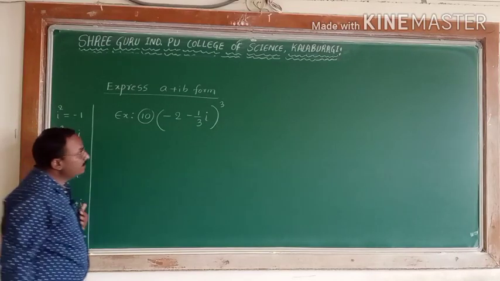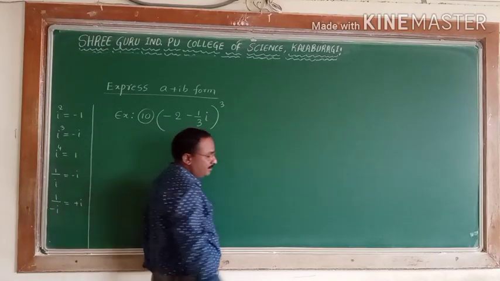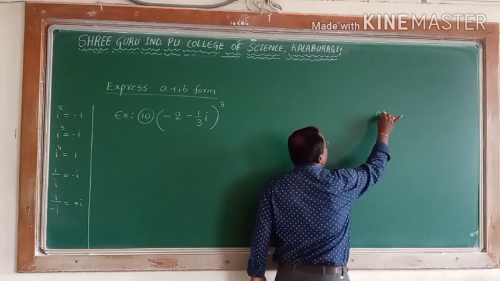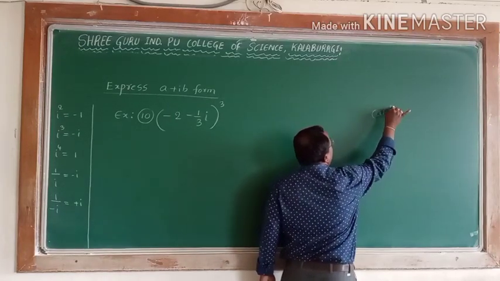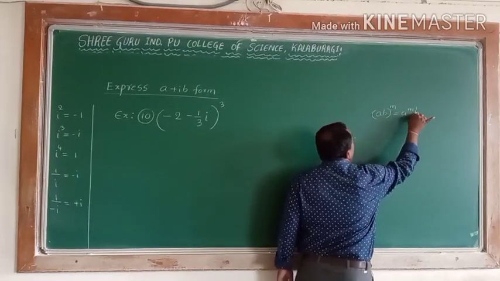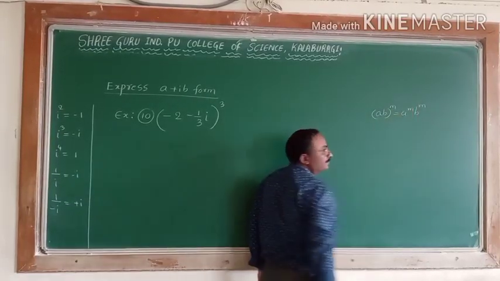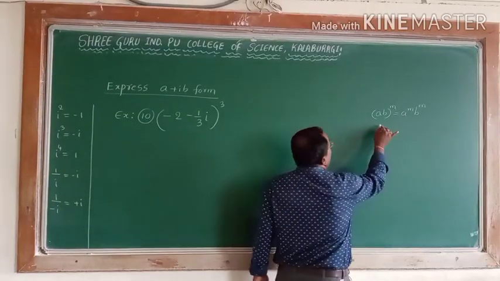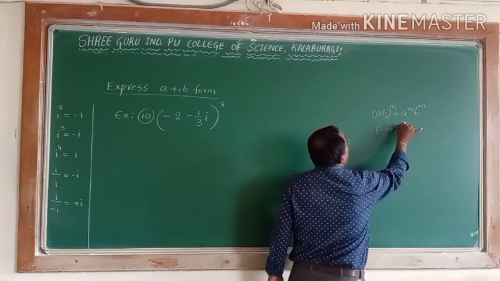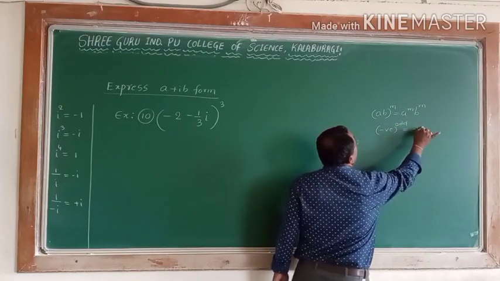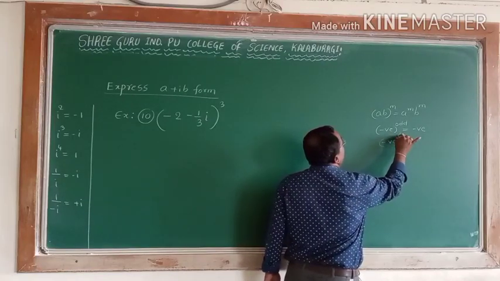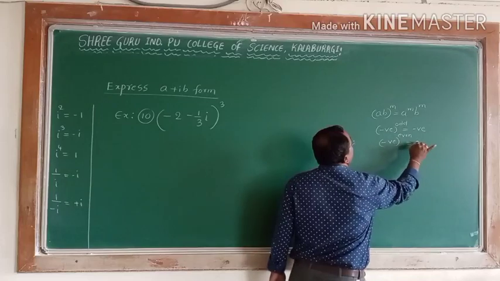Here (ab) whole power m can be written as a power m into b power m. Negative to the power odd is always negative. Negative to the power even is always positive.